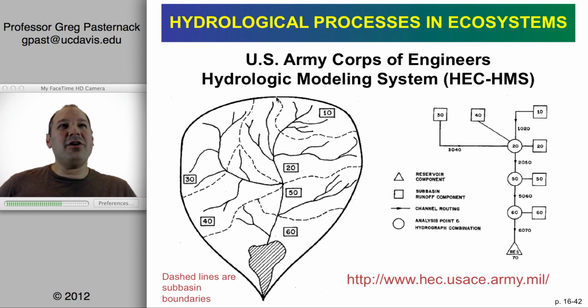Now, the hard part that you really need to understand is that this subbasin delineation, that these basins can be, each basin has a unique area, but water from one subbasin can flow into another. So, for example, let's look at this subbasin 10. Okay, here the dashed line represents the watershed boundary for that. So water cannot flow across the dashed line.